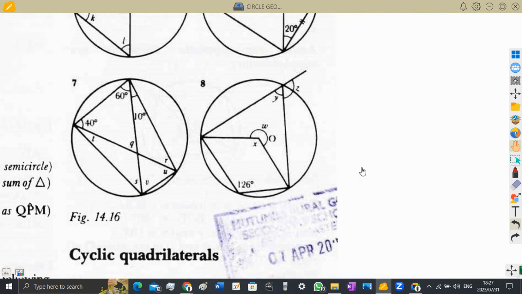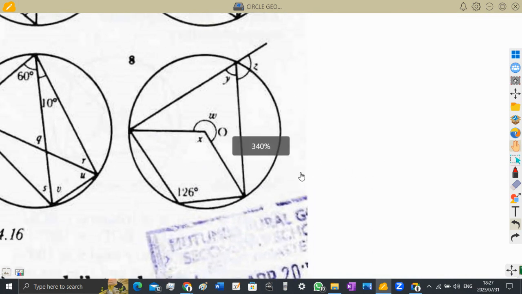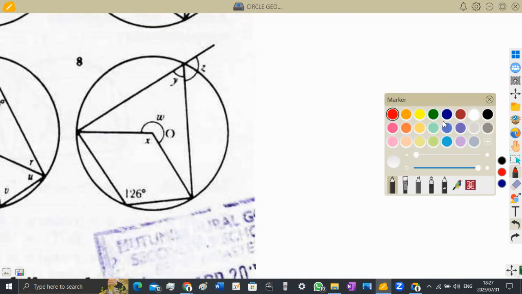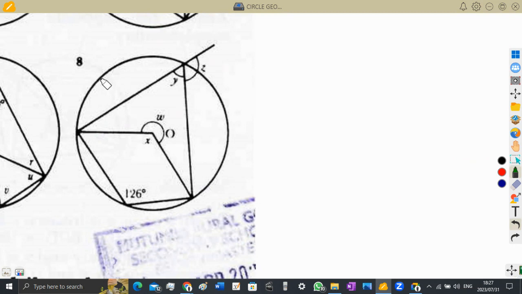So I want us to apply the same information on question number 8, then we move on to the cyclic quadrilaterals so that we can add 1 or 2. On question number 8, we are supposed to calculate the values of the unknown that we are given. So if you have an answer, you can give us an answer for the letter that you see and also the theorem that corresponds to that answer.